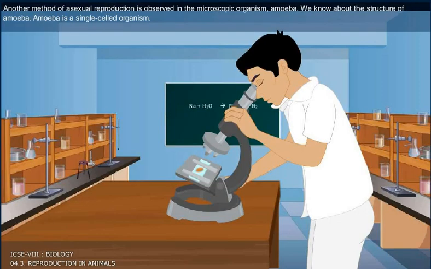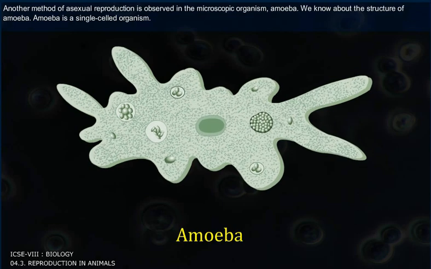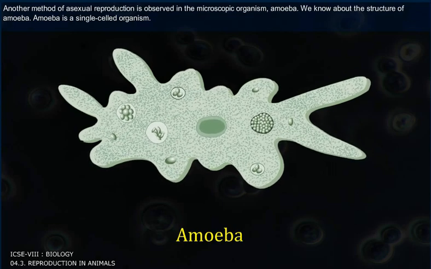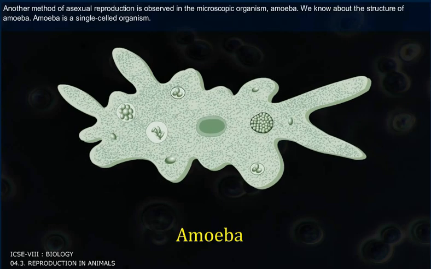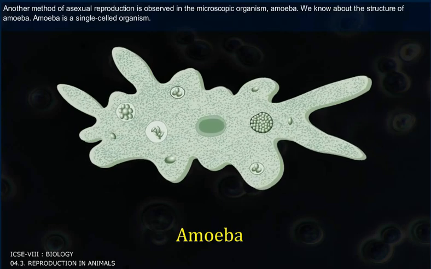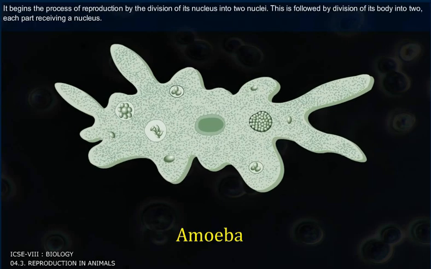Another method of asexual reproduction is observed in microscopic organisms like amoeba. We know about the structure of amoeba. Amoeba is a single-celled organism. It begins the process of reproduction by the division of its nucleus into 2 nuclei.